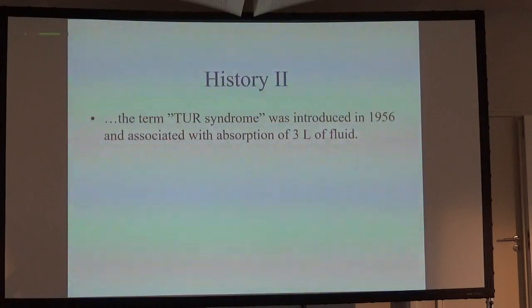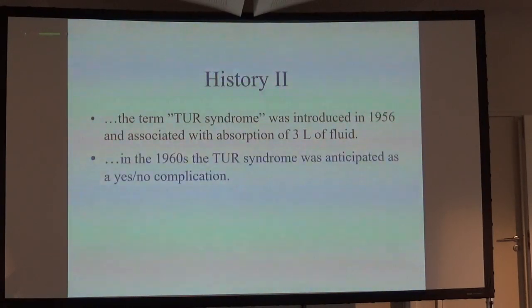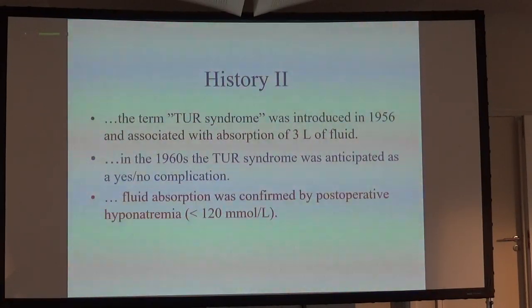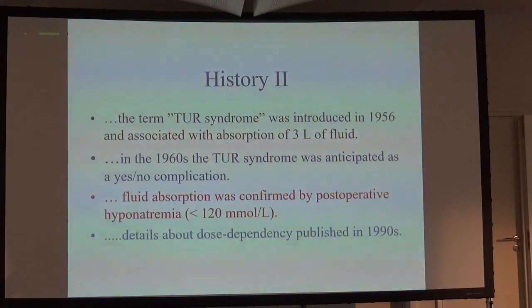So it appeared later in the 1950s that absorption of 3 liters of fluid or more really could cause this complication. And then, of course, we added knowledge with time that this was associated with hyponatremia, which was not strange, as the irrigating solutions were non-osmotic, didn't contain any sodium at all. So it became what we thought at the time was dilution hyponatremia.